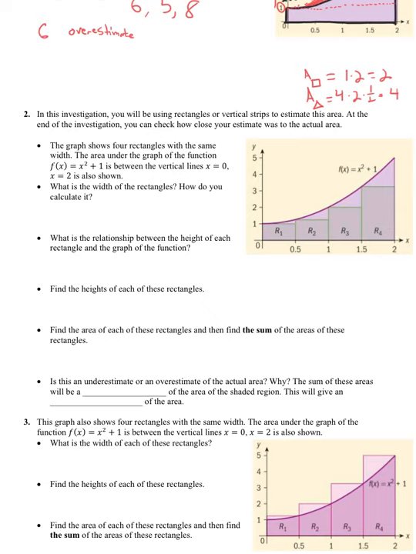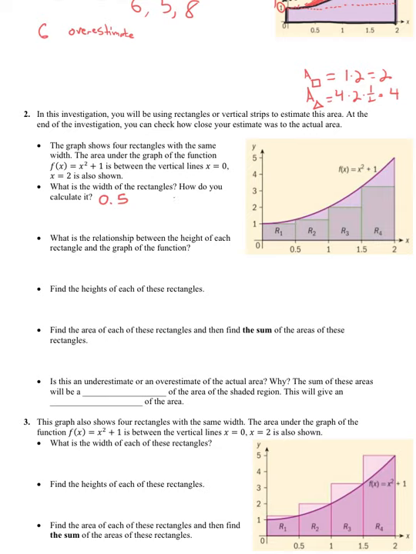So notice that problem 2 here, I'm going to ask you to go ahead and do area of rectangles, and we just drew a bunch of rectangles in. And we ought to ask first, what's the width of each of these rectangles? There's 4 rectangles inside this curve. The width of each one is going to be 0.5, right?